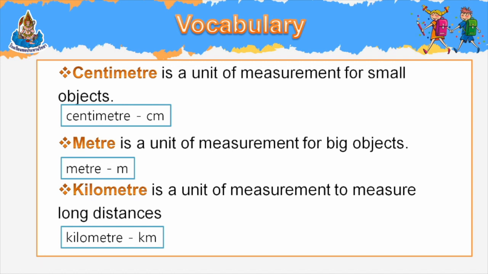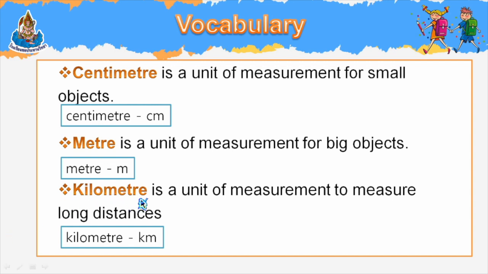Next, kilometer. Let's all read. Kilometer is a unit of measurement to measure long distances. What are the long distances that you know? For example, from your home to school, you measure it by kilometers.